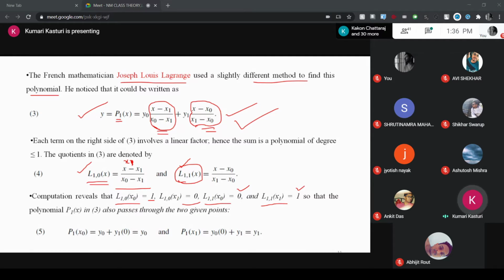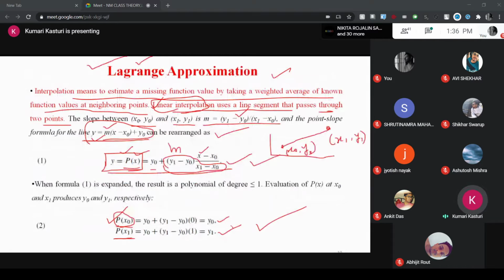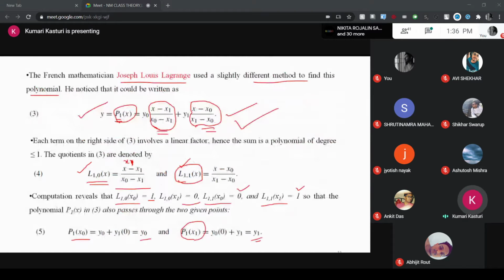So what you will get, P1 of x0 will come how much? Y0. P1 of x1 will come how much? Y1. Just see that in the previous slide, when we were not using any Lagrange rule, we got the same result. Here also we are getting the same result. So the difference is that he has just suggested the same polynomial procedure in a different way by taking the Lagrange coefficients. That's it.